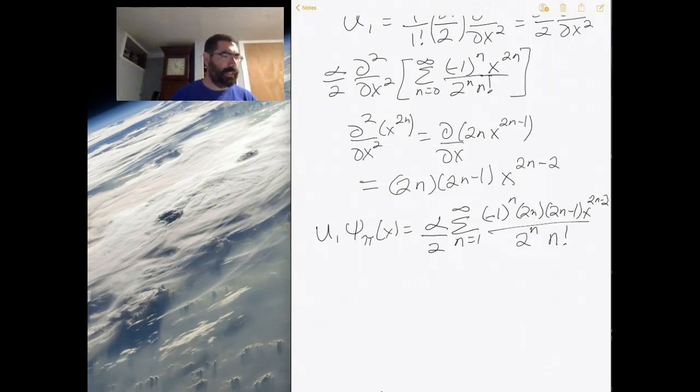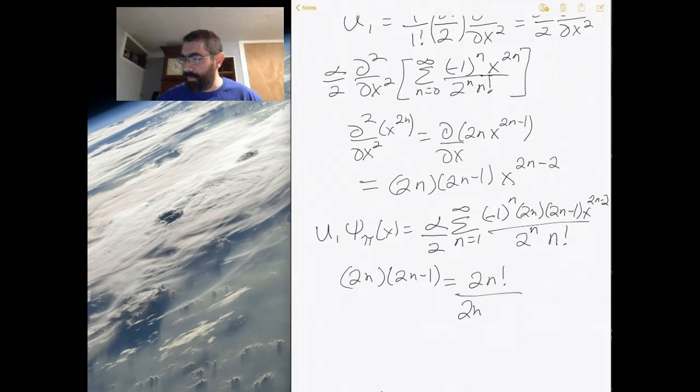Okay, and now if I think about it, I could change this around, because 2n times 2n minus 1 is the same thing as taking 2n factorial divided by 2n minus 2 factorial.